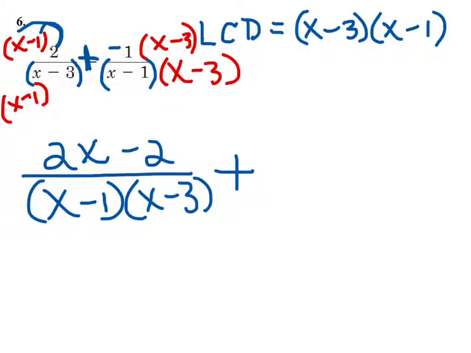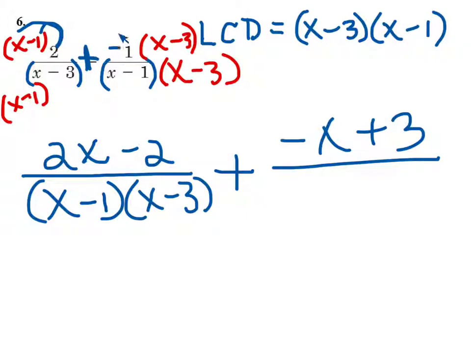So I'm going to write it as negative x plus 3 as a result of distributing this negative 1 through to my x and through to my negative 3. So I get a negative x plus 3, and in the denominator, the same as our LCD. So let me write that as x minus 1 times x minus 3.